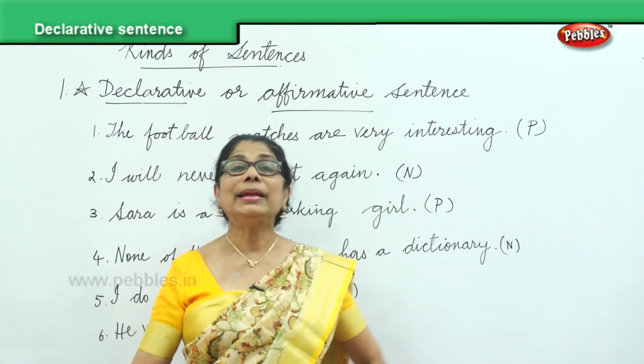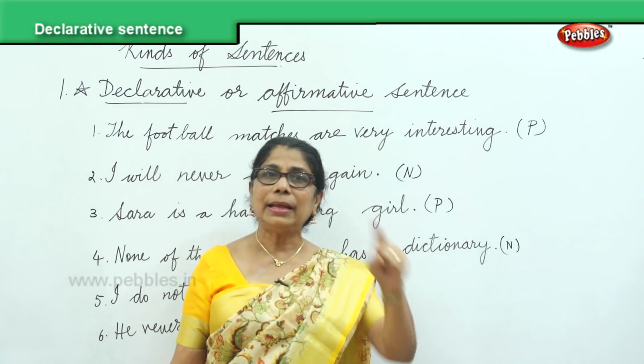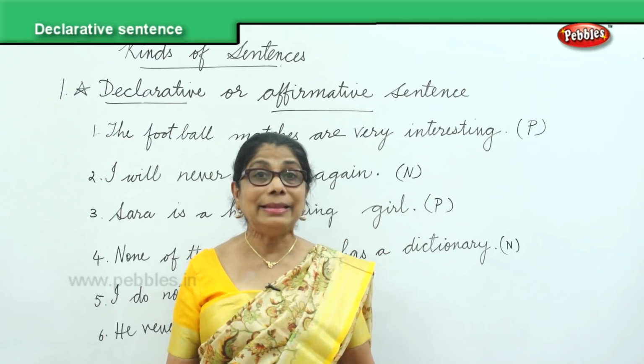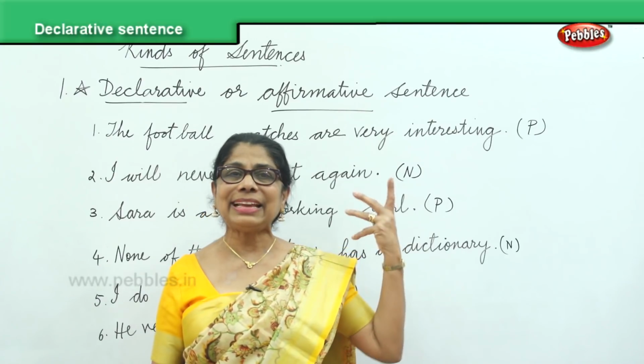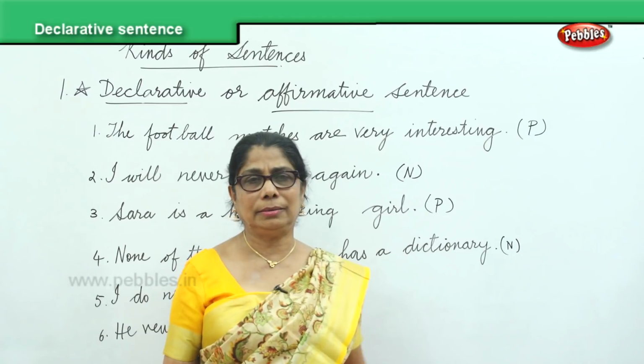And finally, Geeta is a very good girl. It's a positive, declarative, affirmative, assertive sentence. Now make it into a negative declarative sentence. Geeta is not a good girl.